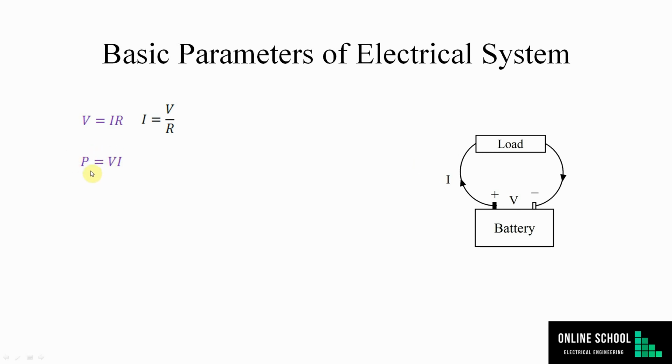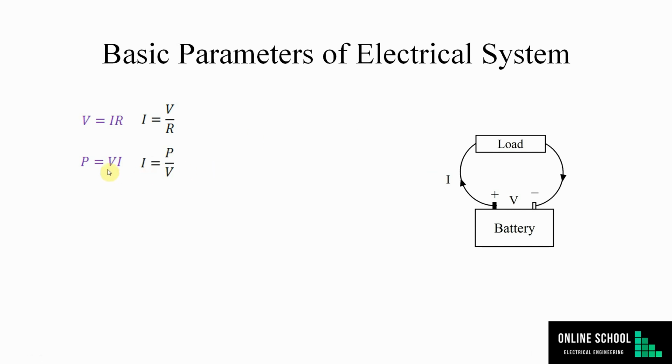So to produce the desired amount of power, we can have higher voltage, lesser current, or we can have higher current and lesser voltage. This is how for the same power we can have high voltage motor, high voltage battery, but for the high voltage it will draw less current, and for the low voltage it will draw more current. It will be helpful in selecting the rating of motor as well as battery, that we will discuss later.